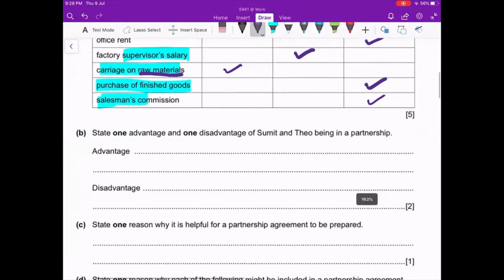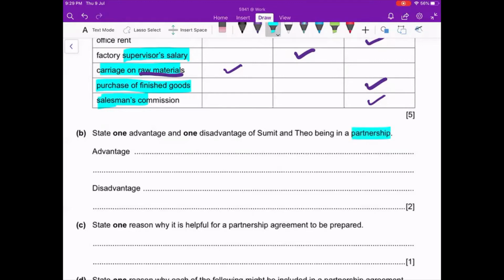Question B says: state one advantage and one disadvantage of Sumit and Theo being a partnership. So they want the partnership's advantage and disadvantage. The partnership's advantages are maybe easy to remember. Losses are shared.